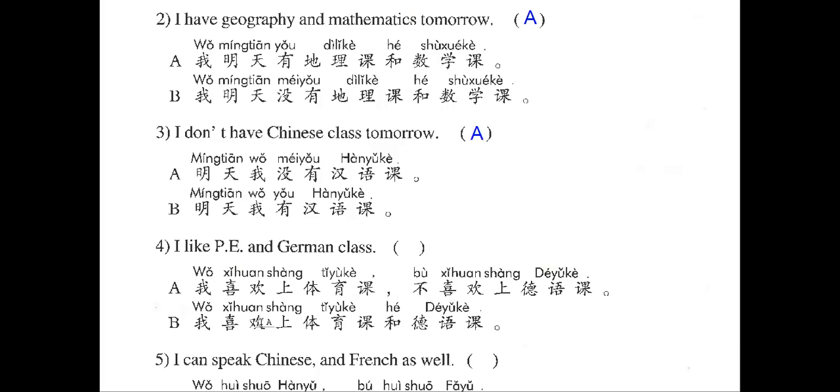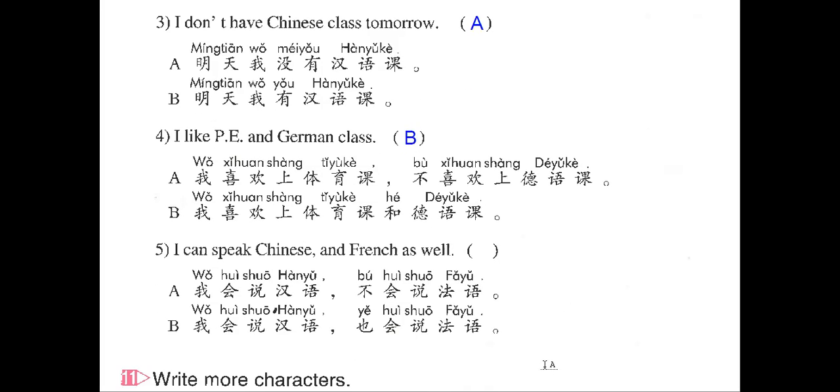And letter B, 我喜欢上体育课和德语课. I like physical education and German or English if you have the Spanish version of this book. So, 我喜欢上体育课，不喜欢上 this part is I don't like. But here we are not expressing this idea. So in this case, we have letter B.